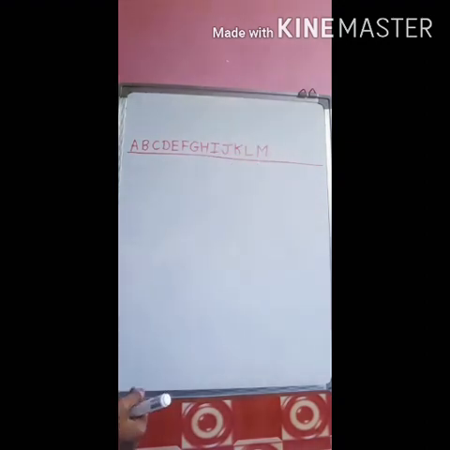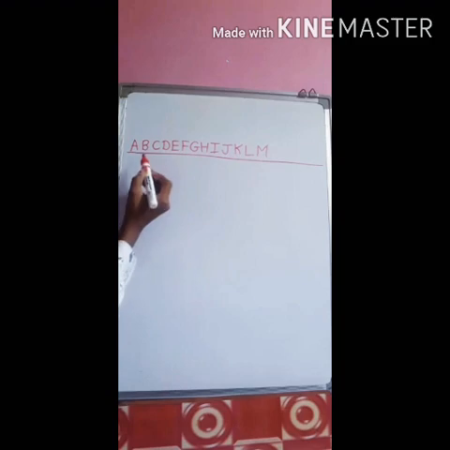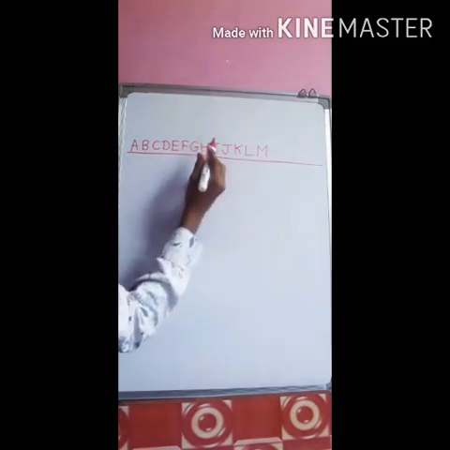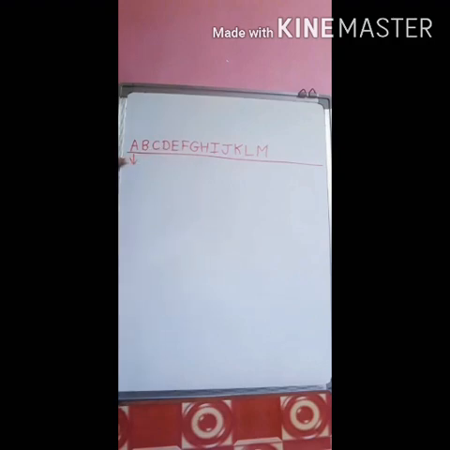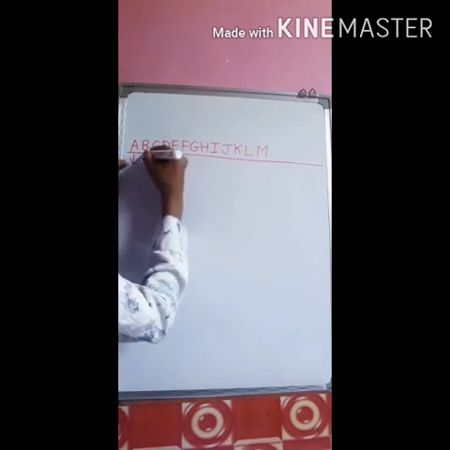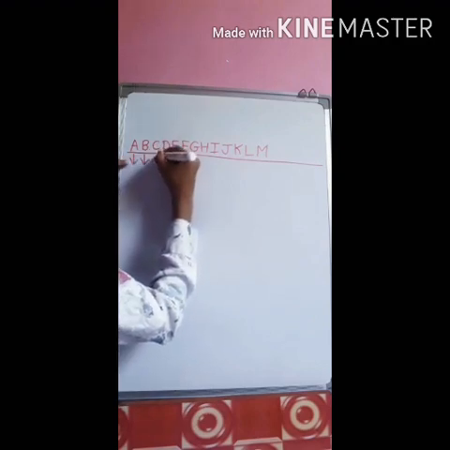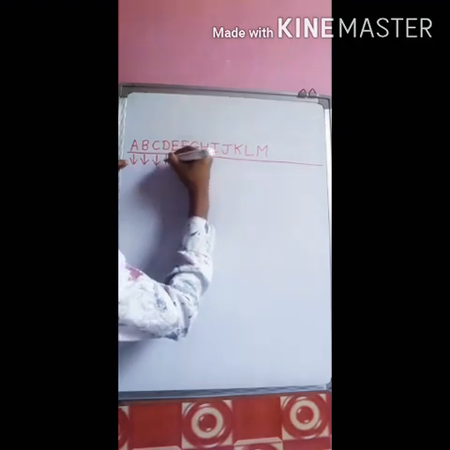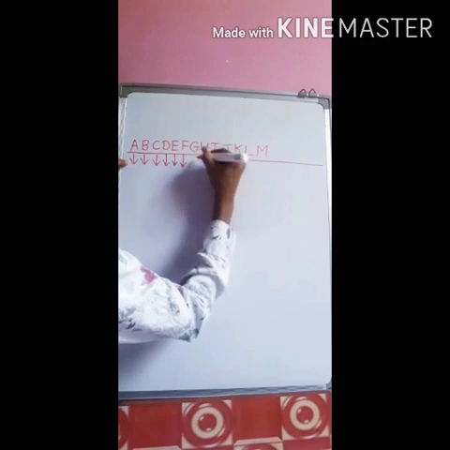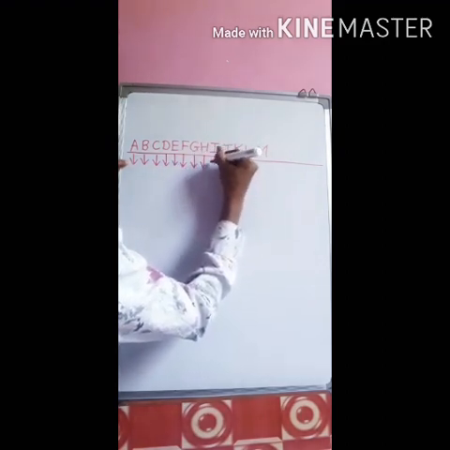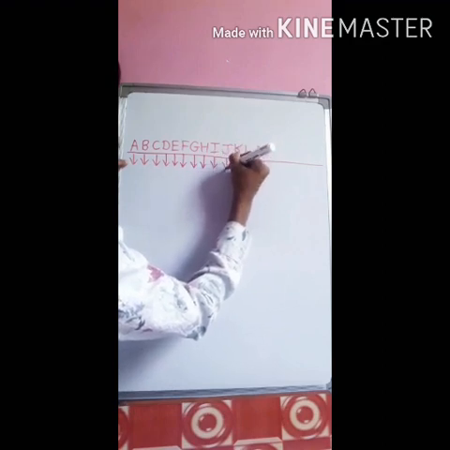Now what we have to do is make small arrows below them. Like this, the first one, here one arrow is there. Below every letter we will make an arrow.